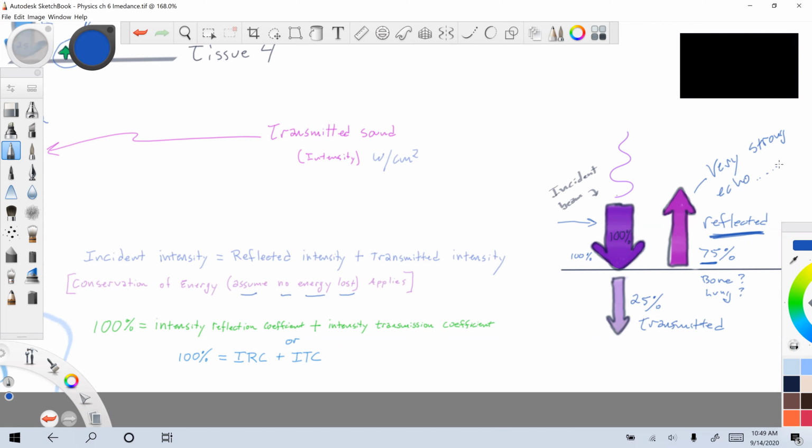In other words, echogenic. 25% transmitted, that's really bad for us. We don't see anything, really. And that's why we typically don't image bone and don't image lung, or at least as much as we could try to, but we don't see into it very well at all.